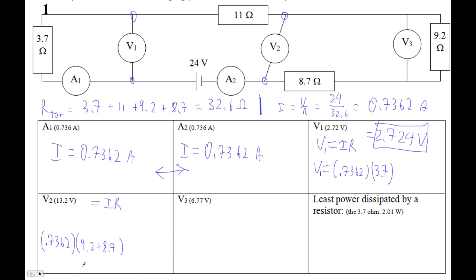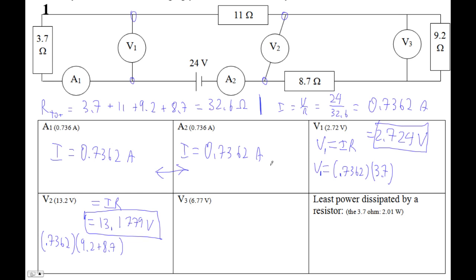So there's my current, times 9.2 plus 8.7. I get 13.18, 13.1779 volts approximately. Ta-da.